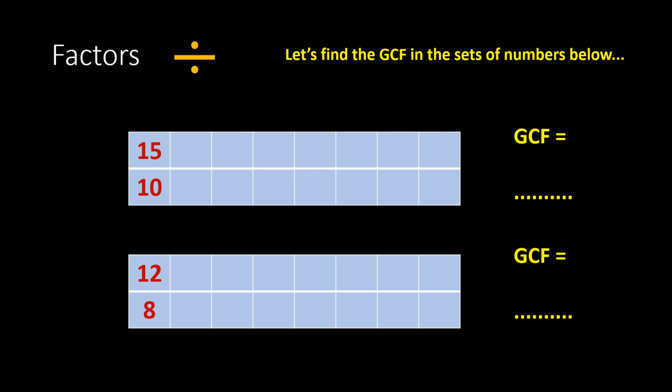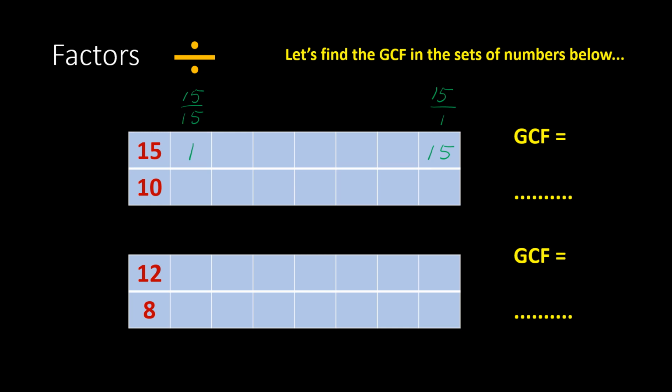Let's practice and find the GCF in this set of numbers. Let's find the factors to start. So we always start with the number itself, the biggest number that we can divide. We get 1. And we know that there is a number that you divide by 1, and you get the number itself. Let's find the numbers in between.